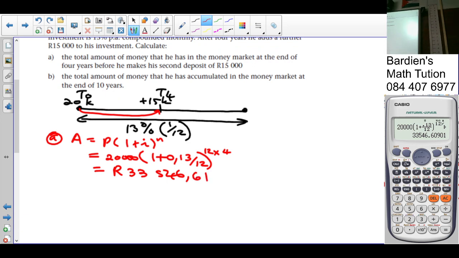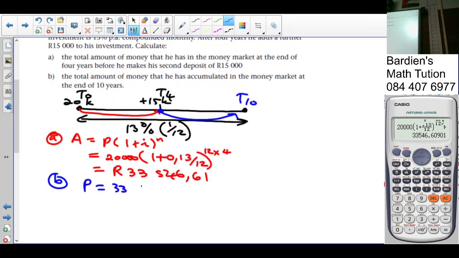Then the B part of the question asks for the total amount of money that he has accumulated in the money market at the end of 10 years. But what happens first here? They're adding 15,000.